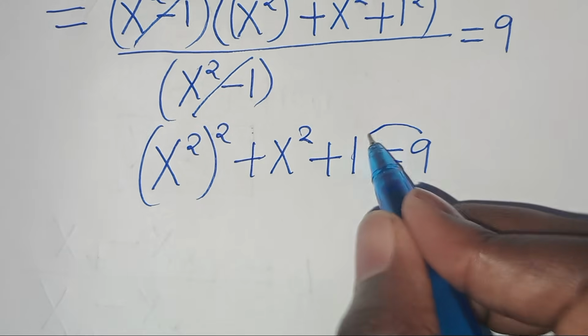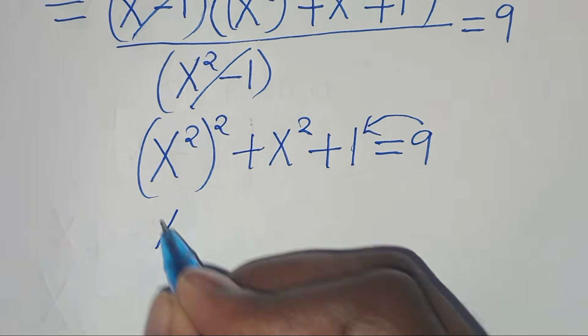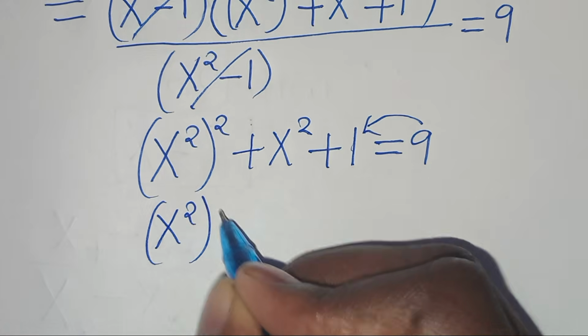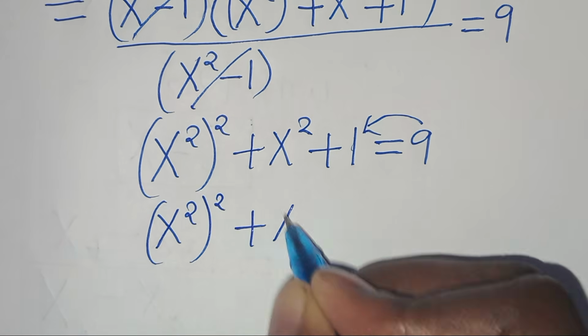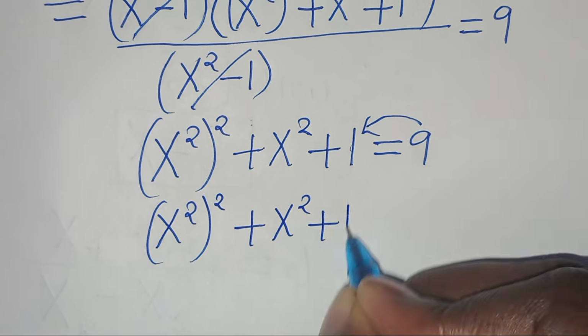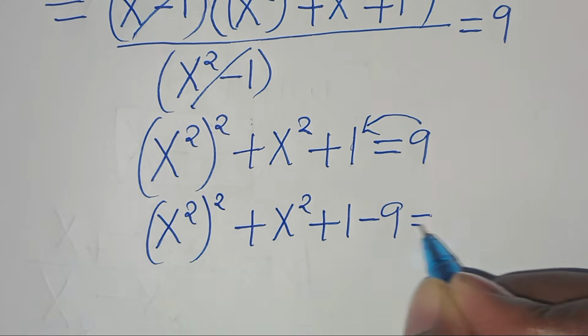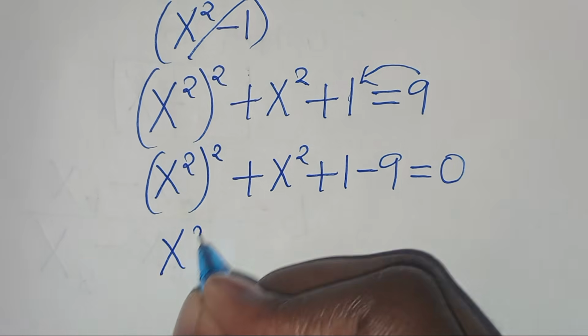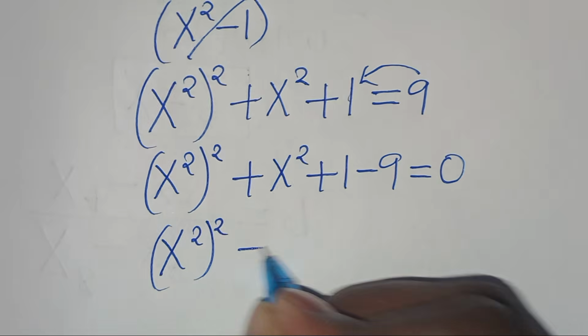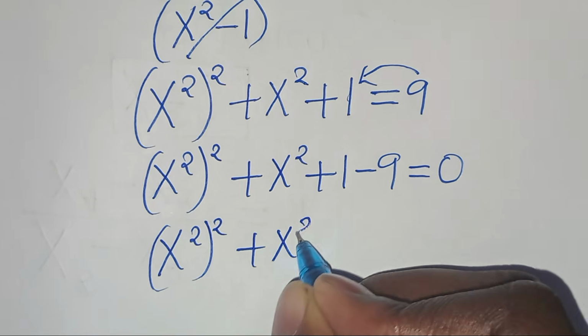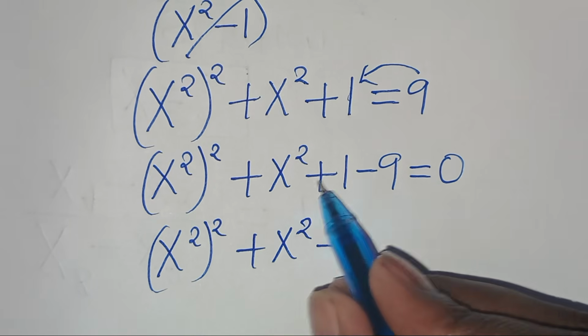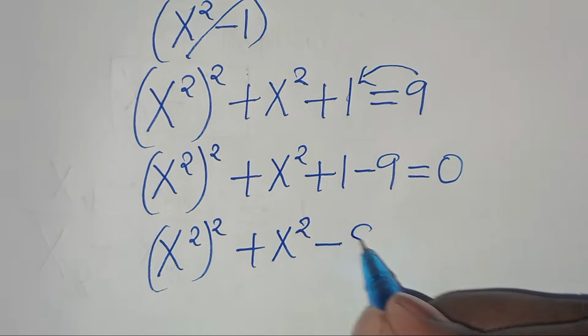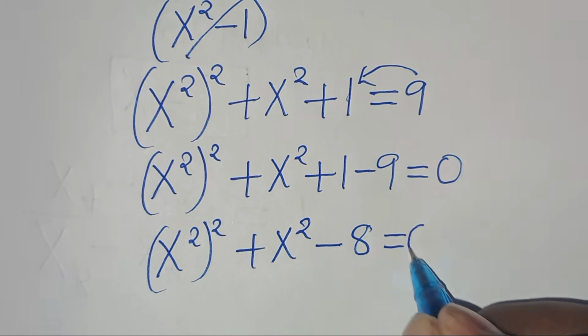Let's take 9 on the left-hand side, so that we have (x^2)^2 plus x^2 plus 1 minus 9 equal to 0. So this is (x^2)^2 plus x^2 plus 1 minus 9, which is minus 8, equal to 0.